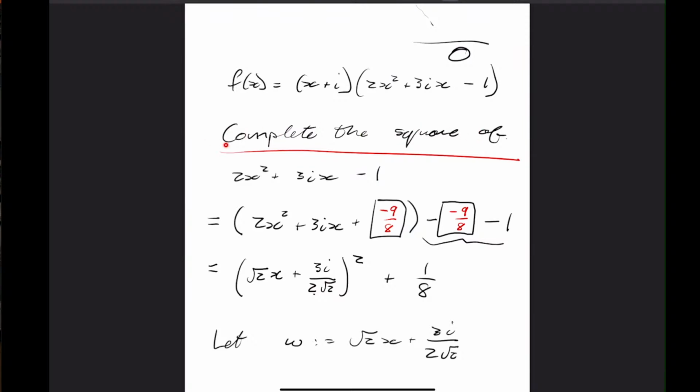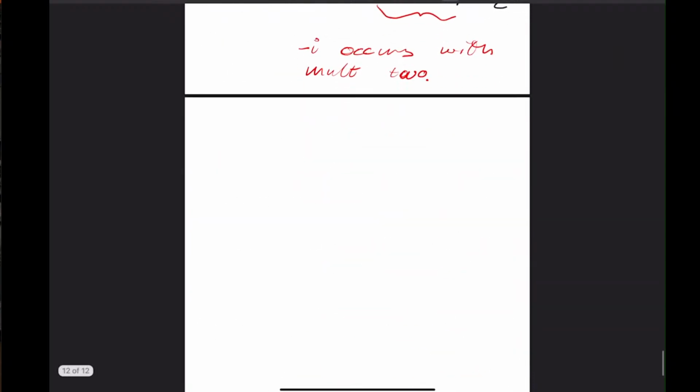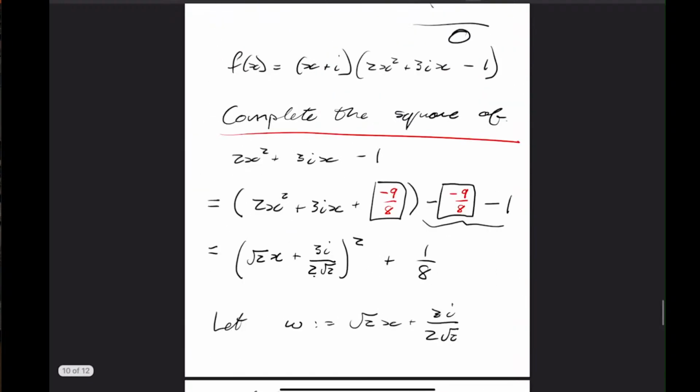The entire point is we want something that if we square it, we get those terms. And then we add and subtract the extra terms there. We disregard the constant term, and we want to add and subtract something so that this bracket we can actually factorize into a square. Okay, so this one was a little bit trickier because we needed to complete the square.